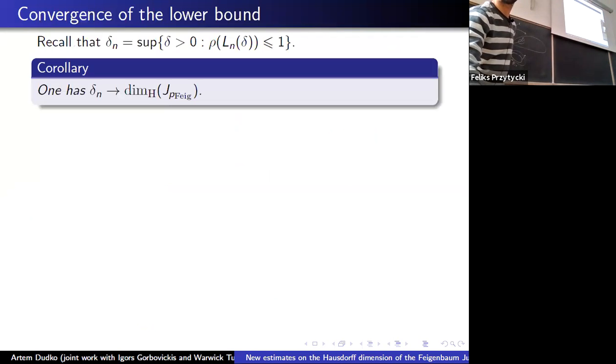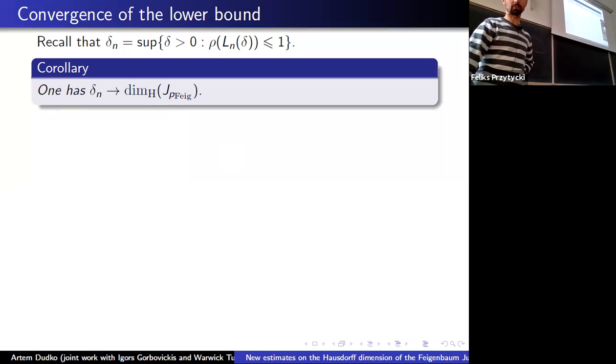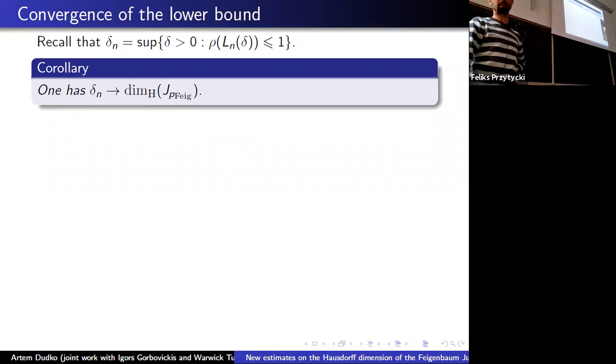Now let me just give you a hint of the proof of this convergence in the case of the Feigenbaum quadratic map. Just to recall, delta_n is the supremum of delta for which the spectral radius of the McMullen matrix L_n of delta is less than or equal to 1.